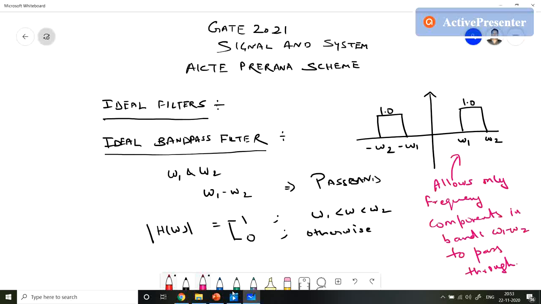And this is also known as the pass band. So the frequency from omega 1 to omega 2 is known as the pass band.